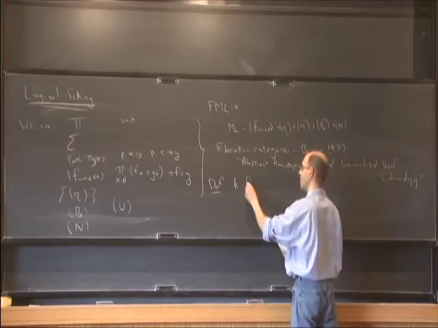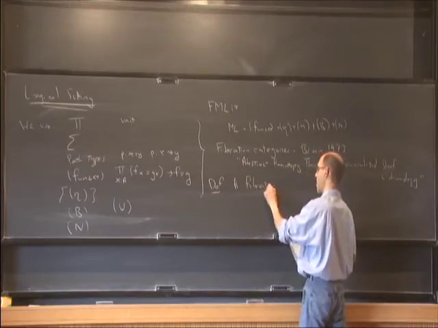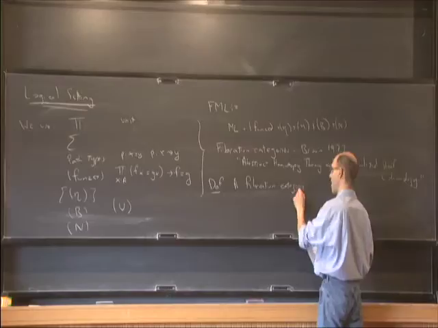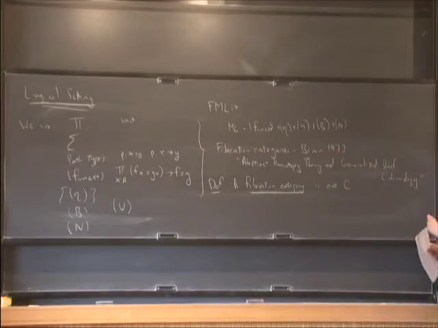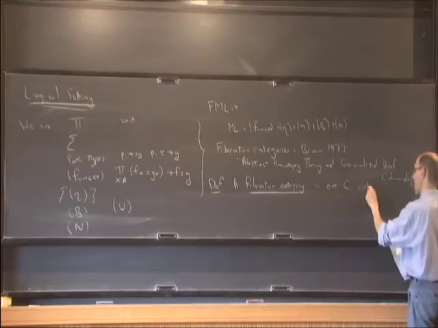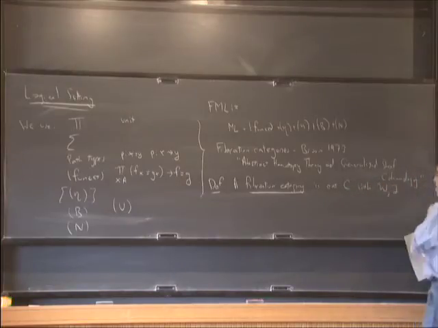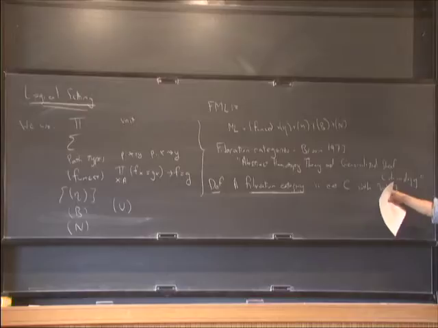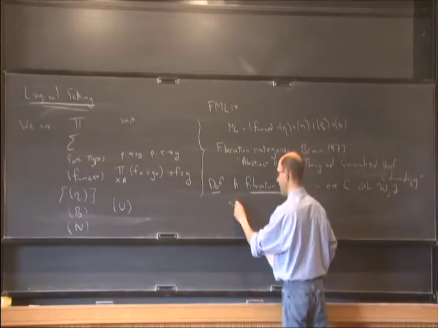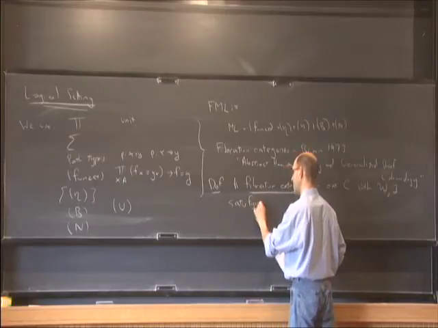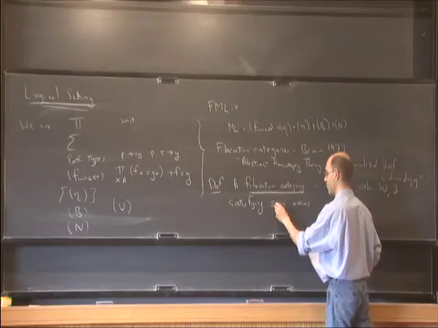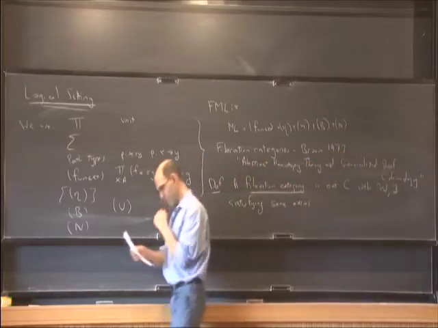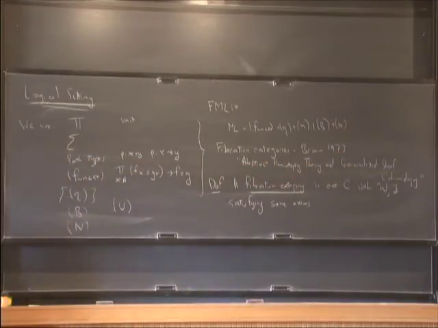A fibration category is just a category with two distinguished collections of arrows, W for weak equivalences and F for fibrations, satisfying some axioms. I won't write them down, but let me tell you what they are.